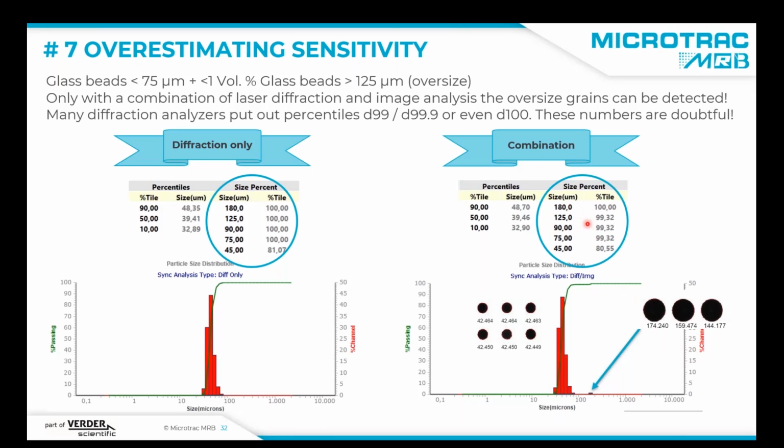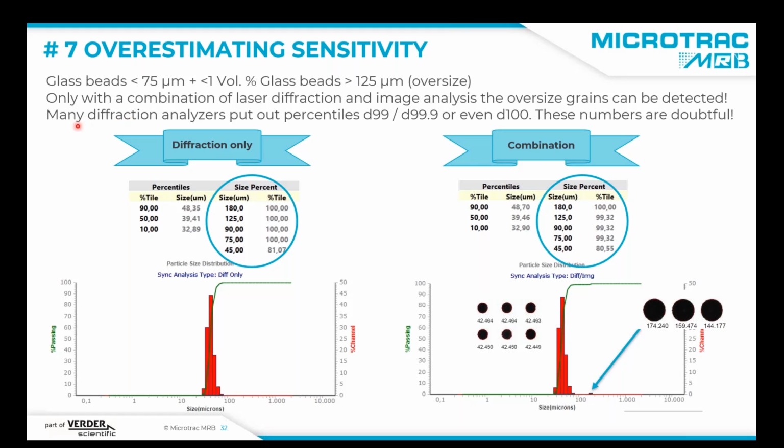So here you see these particles are represented in the result in the graph. Here's the arrow. It's a very small bar here, but it is there. And this can be found in the results. So by blending the imaging results into the diffraction results, we increase the sensitivity.